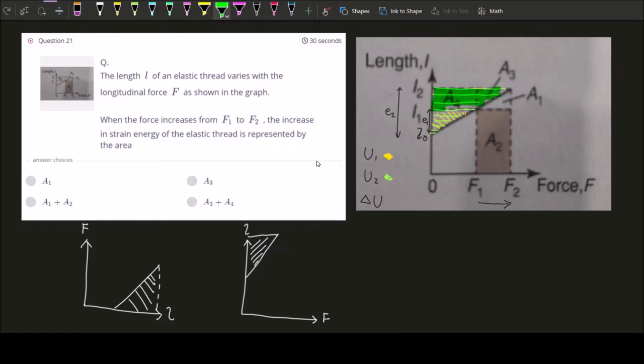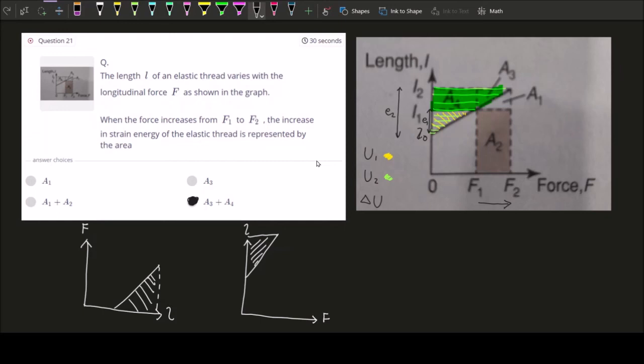We don't touch the old one, we just touch the new one. So that will be A3 plus A4. So our answer will be this. If you see clearly, this is the trapezium that we tried to find the area of just now. So this question is similar to question 20.